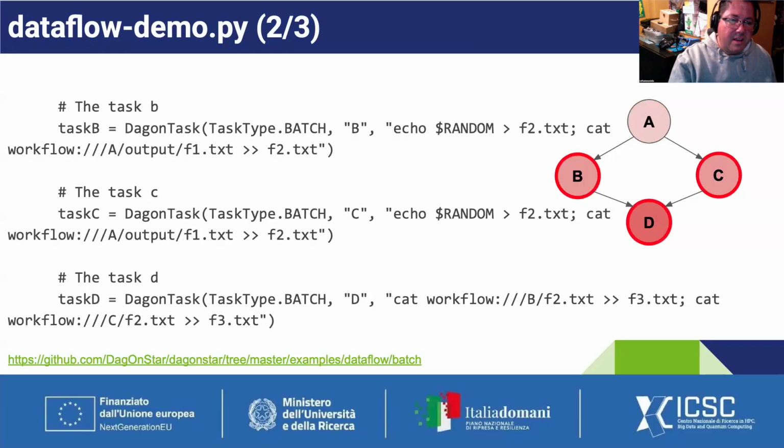This is task A. Task B echoes a random number on another file, and then cuts it using the file produced by A. As you can see, the reference to the file produced by the task A is expressed using the workflow schema.